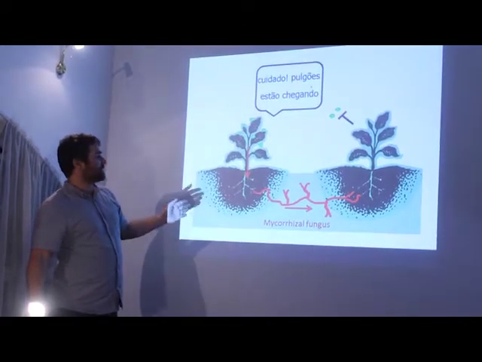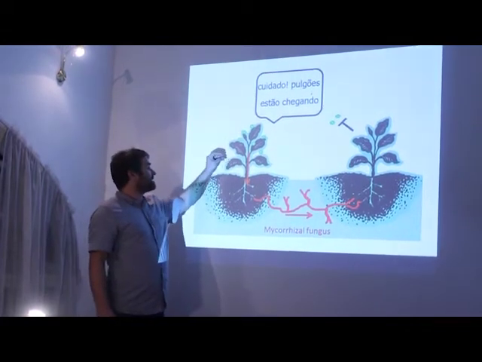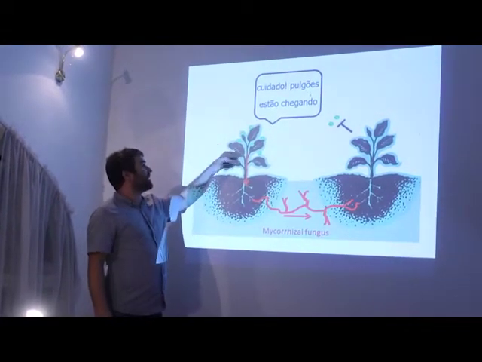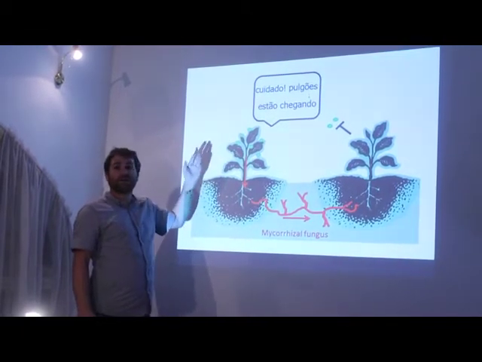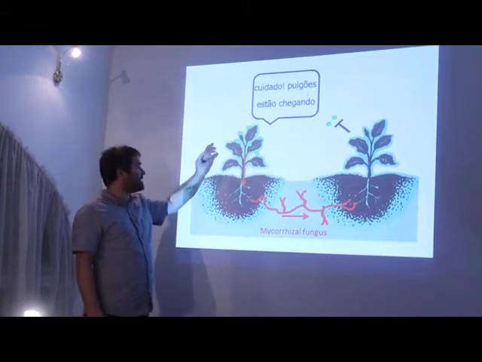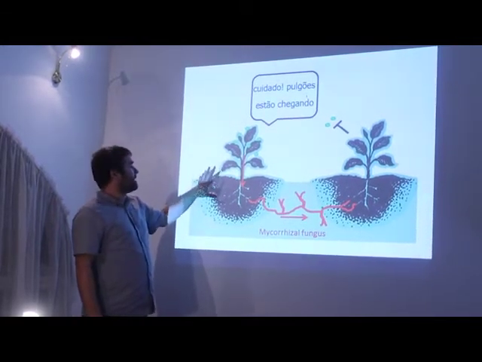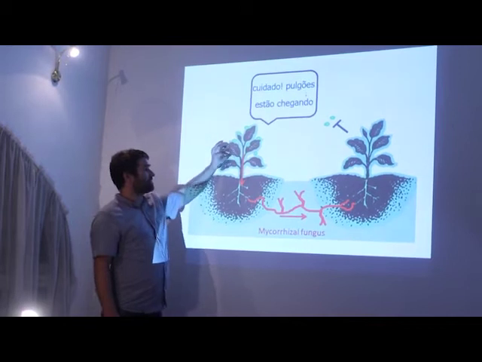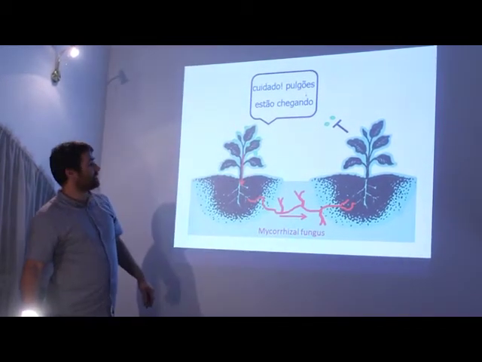Now we know plants can communicate underneath the roots. This is a plant that when an insect starts eating the leaf, it puts out a chemical in the air and basically attracts carnivorous wasps which eat those insects. But what they found out is if they put aphids on one plant, the other plant next to it also started putting out this chemical into the air.